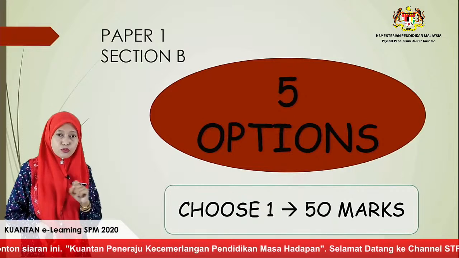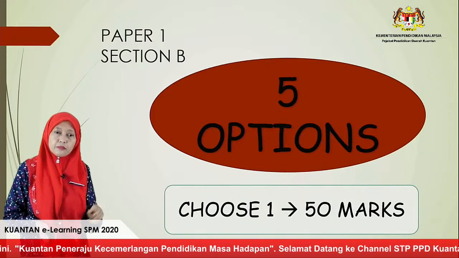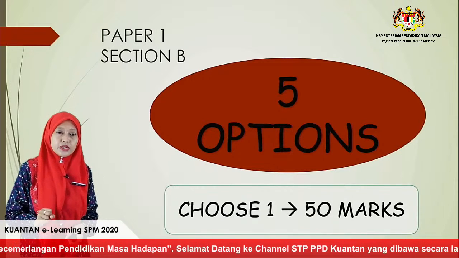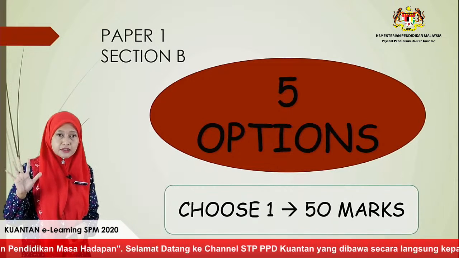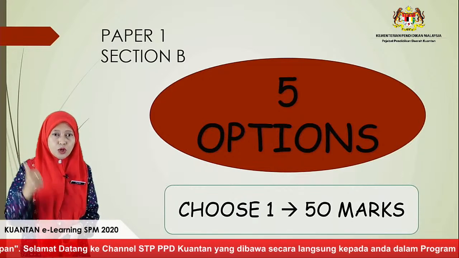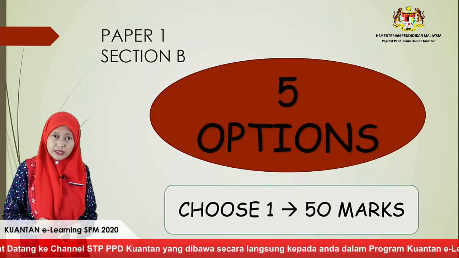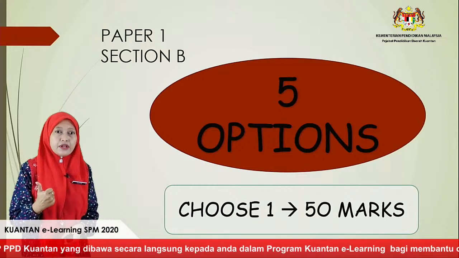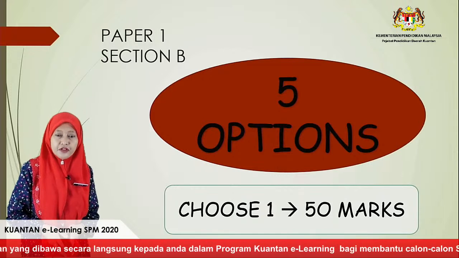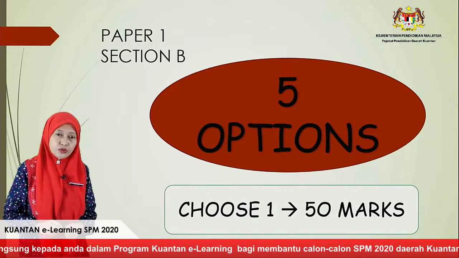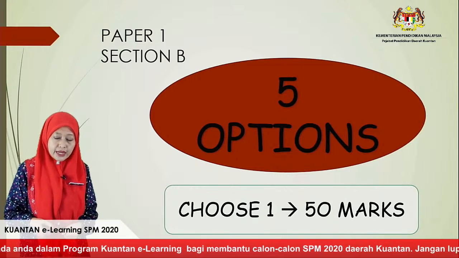You don't have to write on all the 5, but choose only one and you will be given 50 marks if your writing is top notch. If your writing or your essay is very excellent, 50 marks is actually a huge contribution to your English 1119 papers.